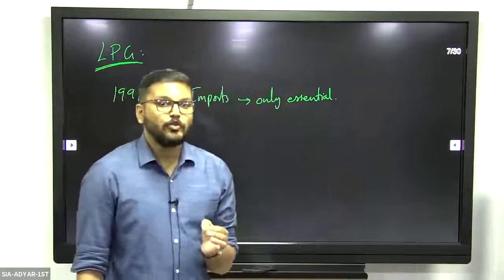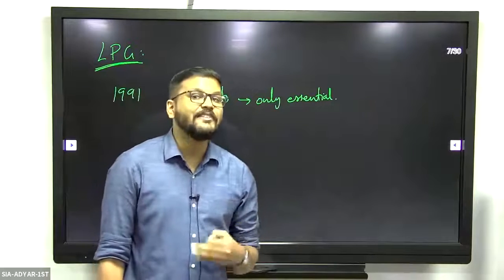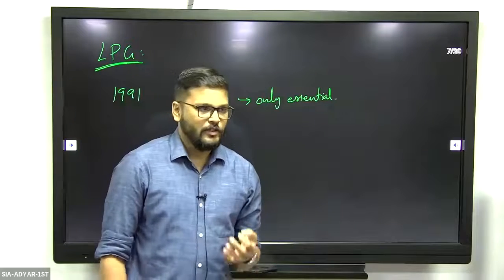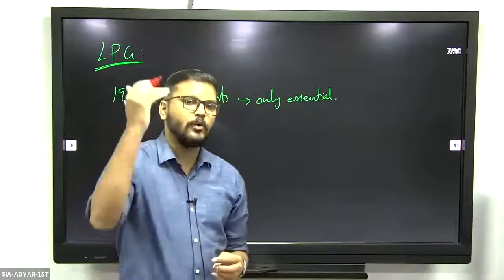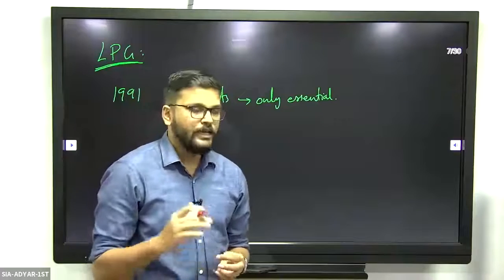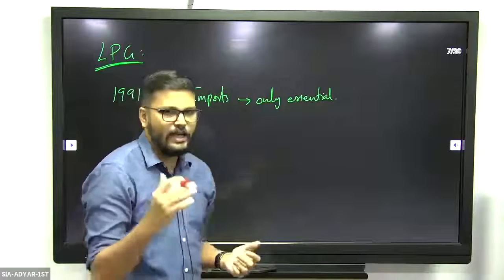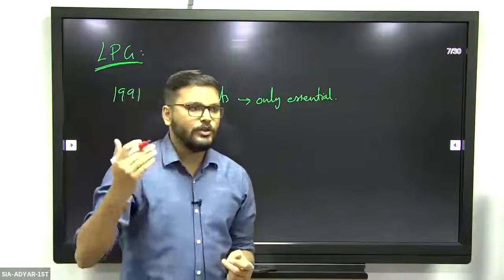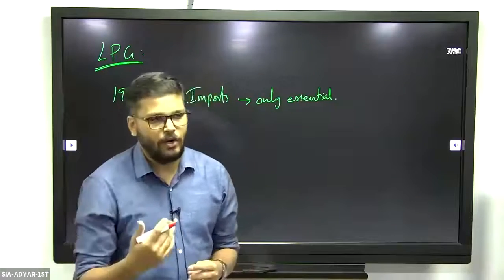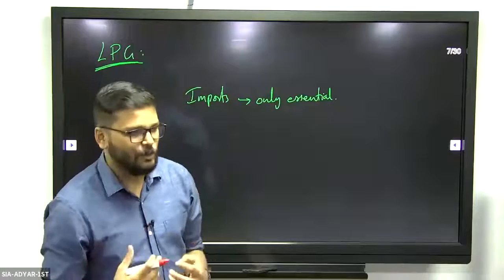So India used to artificially revalue its currency, which means overvaluing its currency beyond what should have been there. India would keep it at a higher level. When I say high, I mean Indian currency is overvalued. $1 is equal to 10 rupees is a higher value than $1 is equal to 40 rupees with respect to the Indian currency.